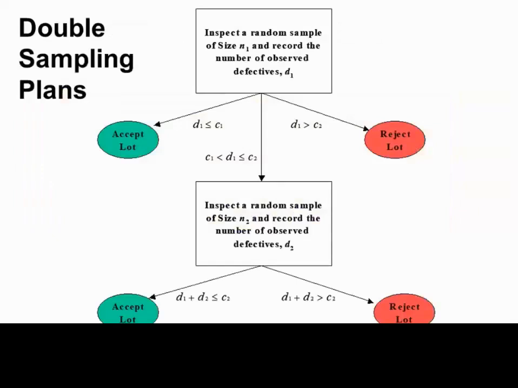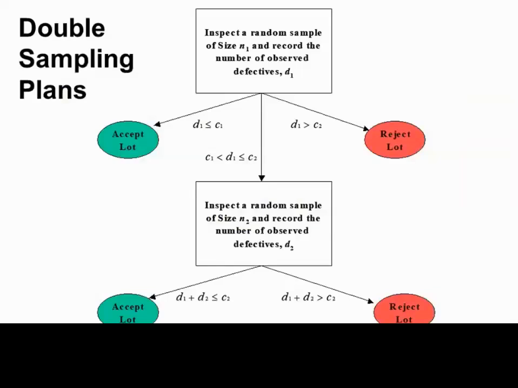So the way this works is I have a little process flow and then an example following. You start your sampling and you have your N1, which is the sample size for the first sample. And then you check them all, and then you record your D1, the number of defects observed in the first sample.